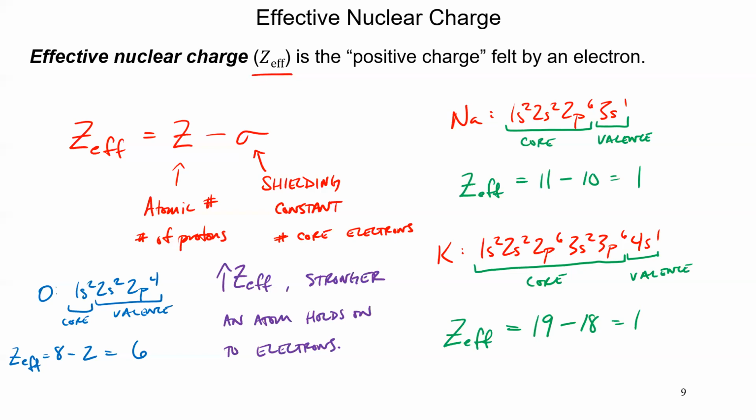If I have kind of a puny magnet and I'm holding out an electron, then it's going to be attracted. Another magnet, it's going to be attracted somewhat. But if I have a big, beefy, heavy-duty rare earth magnet and another little piece of metal, it's going to be very strongly attracted, right? And so the larger the charge that electron feels, the larger the attraction between that electron and the nucleus.